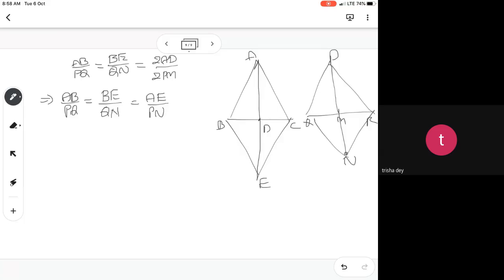Now what is AB by PQ, BE by QN, and AE by PM? That is nothing but by similarity. What similarity are we using here?